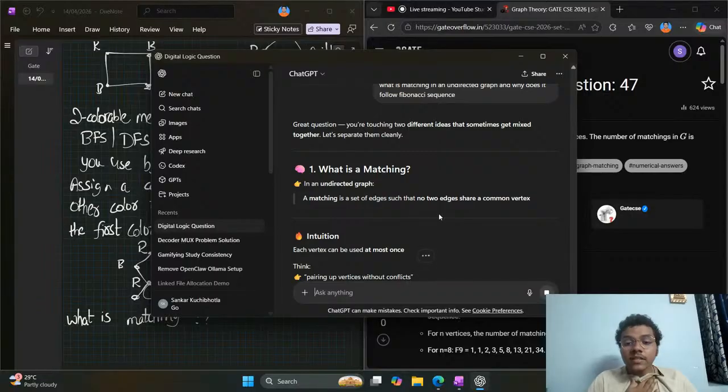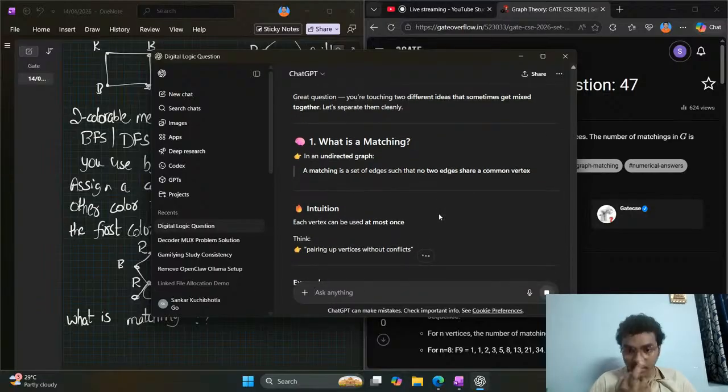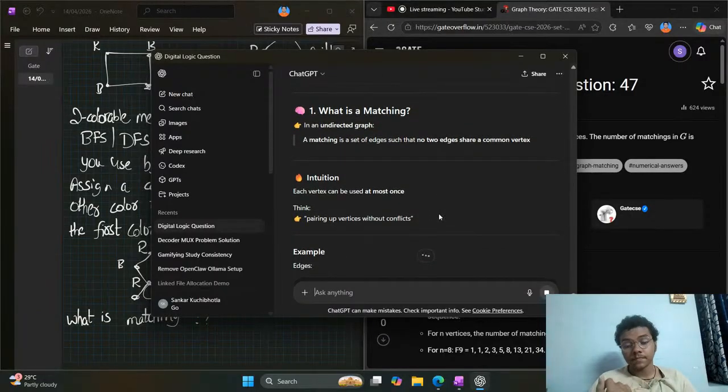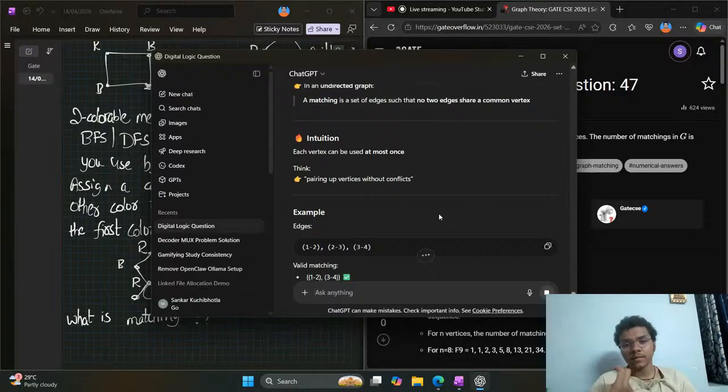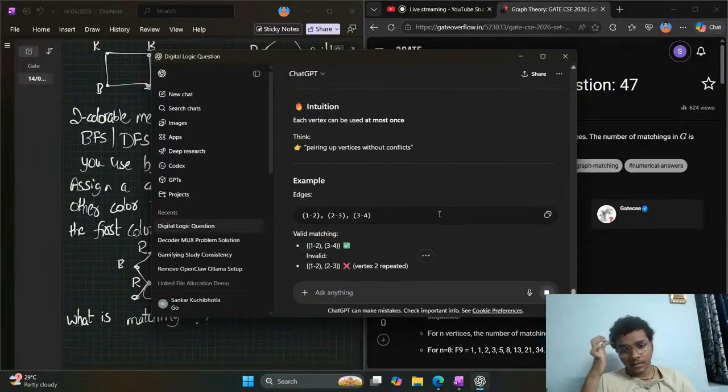Matching is a set of edges such that no two edges share a common vertex. Each vertex can be used at most once. Okay.